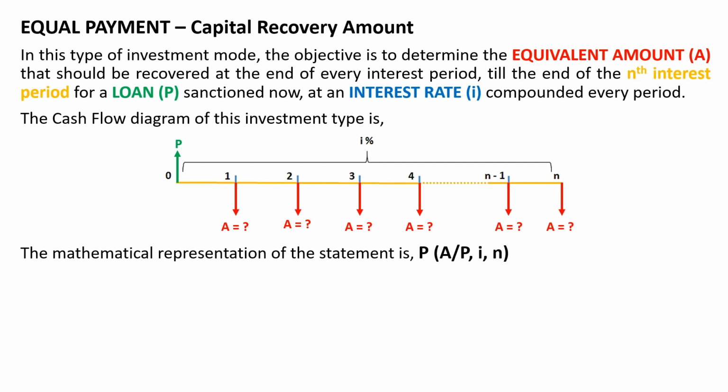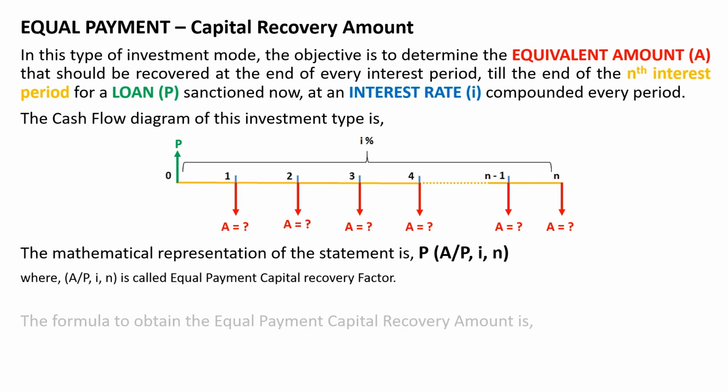The mathematical representation of this statement is, with known value of P and unknown A, I interest rate and N interest period. The factor A by P, I, N is called equal payment capital recovery factor.